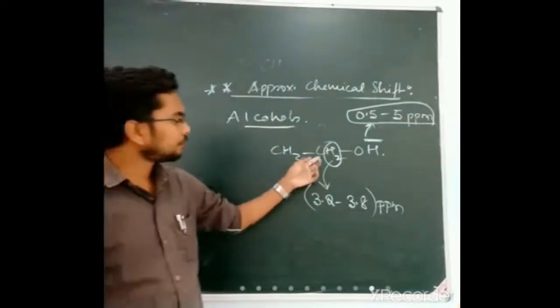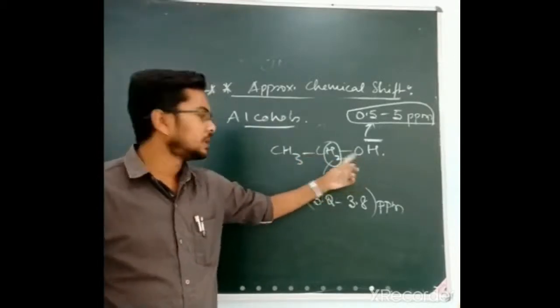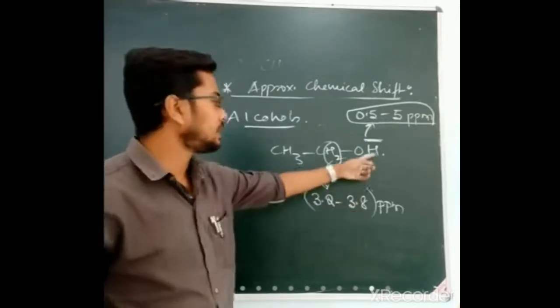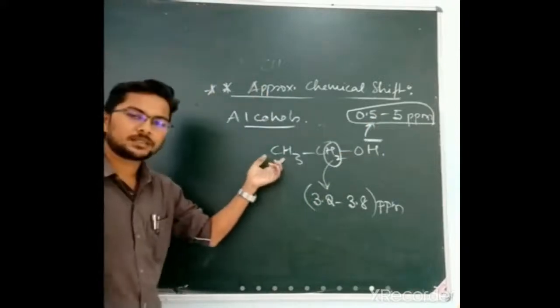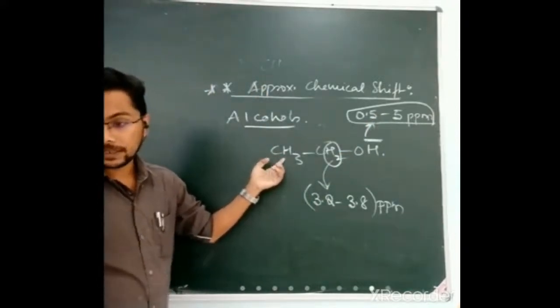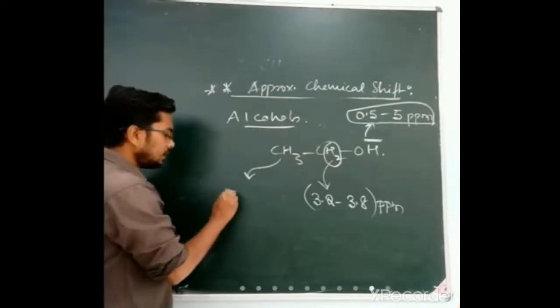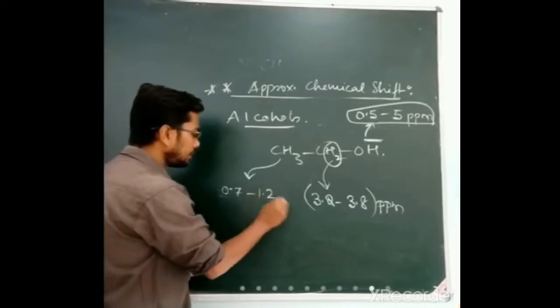So here, the carbon atom which is directly attached to the oxygen atom, these hydrogens appear in the 3.2 to 3.8 region, and the OH hydrogen appears in 0.5 to 5. Now this CH3, normally what is the range for CH3? It is 0.7 to 1.2.